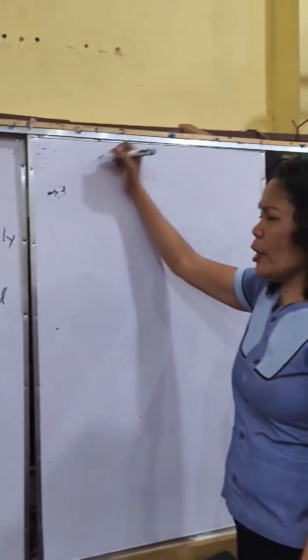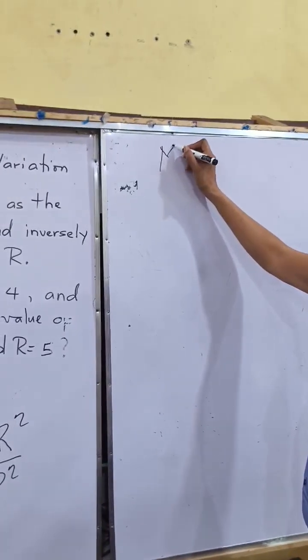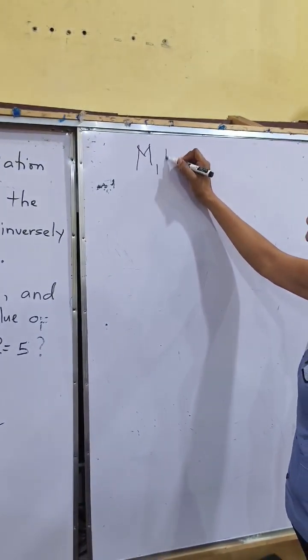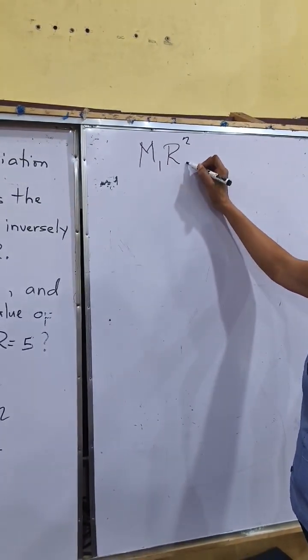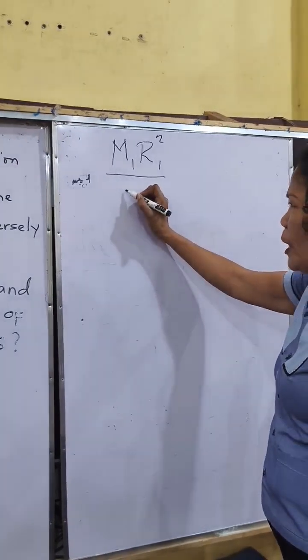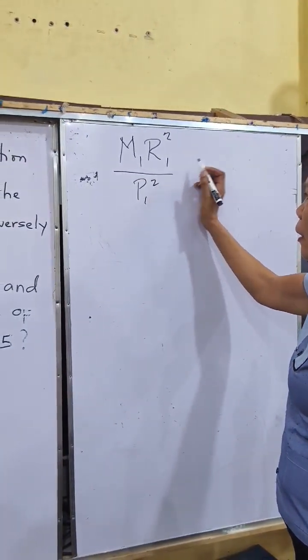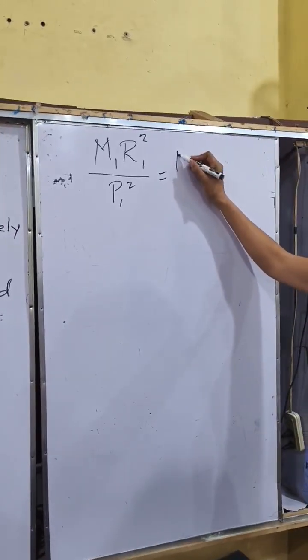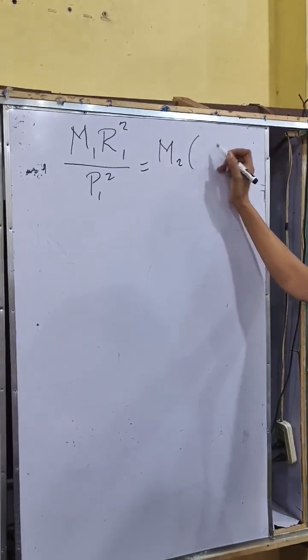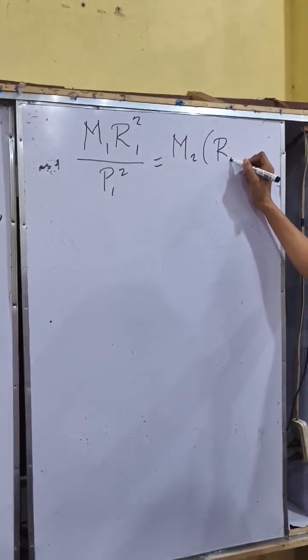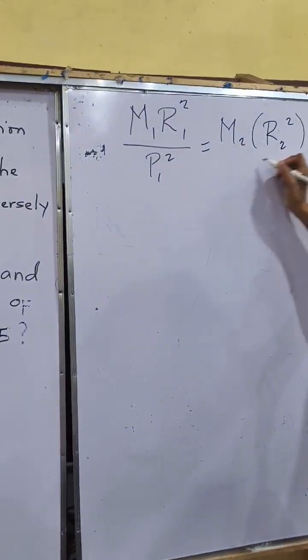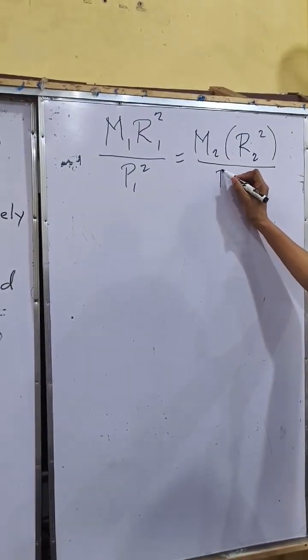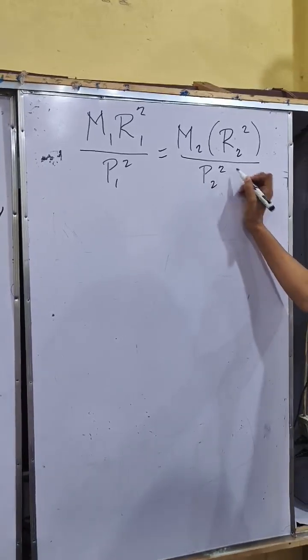So in that equation, we can set up the given, the first M and the first R squared over the first P squared, which is equal to the second M times the second R squared over the second P squared.